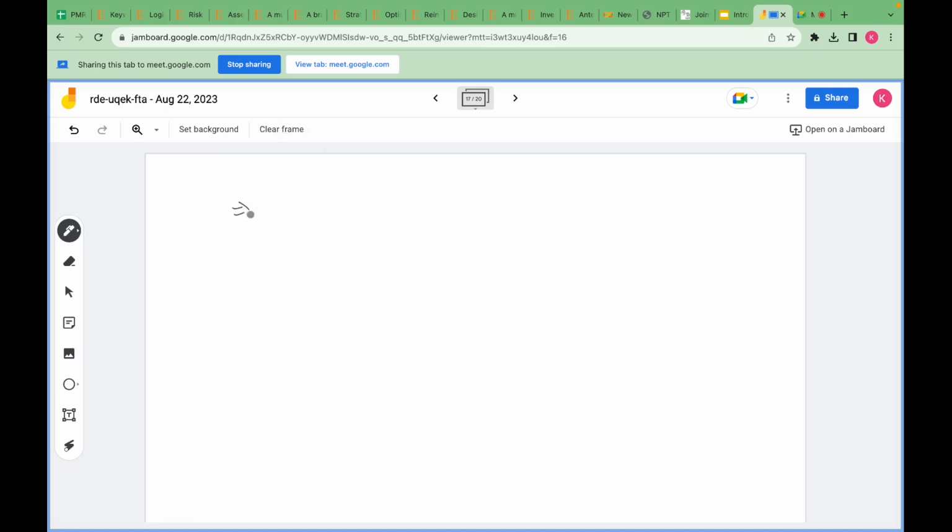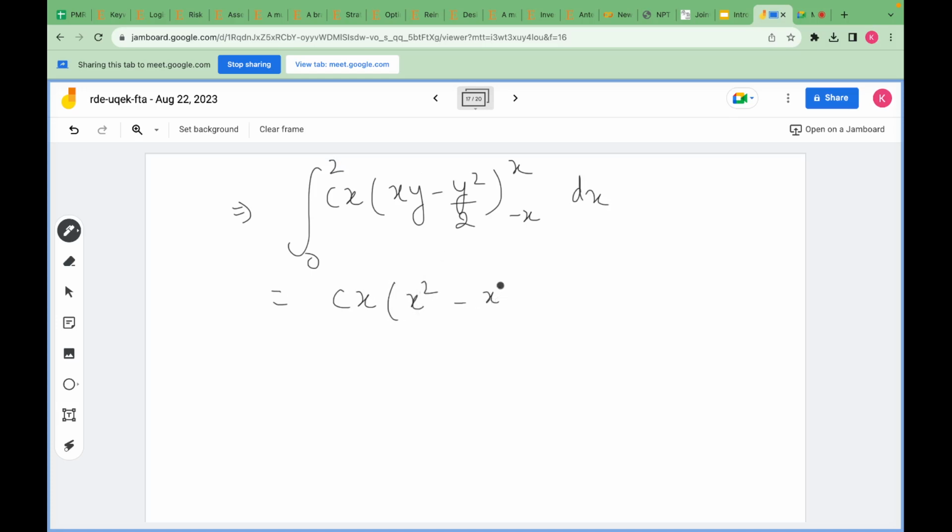So this will come out to be c x times (xy minus y square by 2) from minus x to x, from 0 to 2 dx, which is x square minus x square by 2 minus (minus x square minus x square by 2).